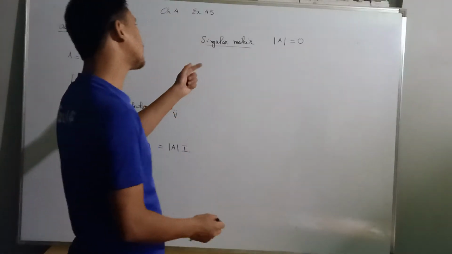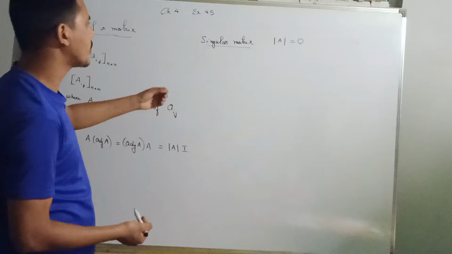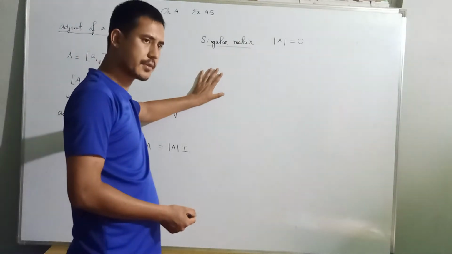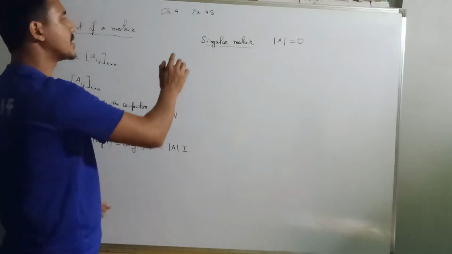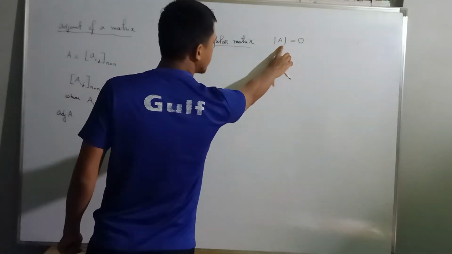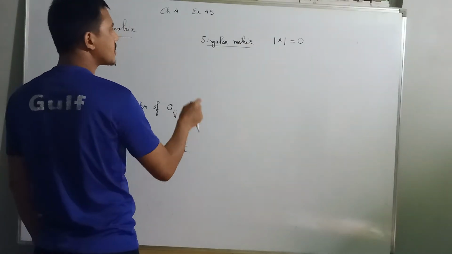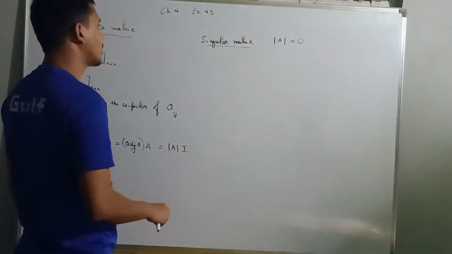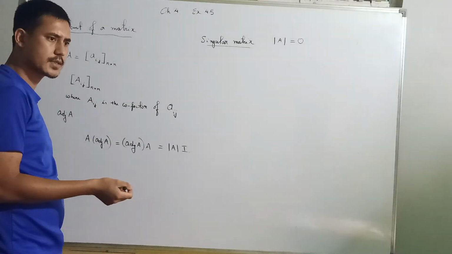Matrix means we're talking about a square matrix here. So a square matrix is said to be singular if its determinant is equal to 0. In such a case, those matrices are not invertible, meaning their inverse does not exist.